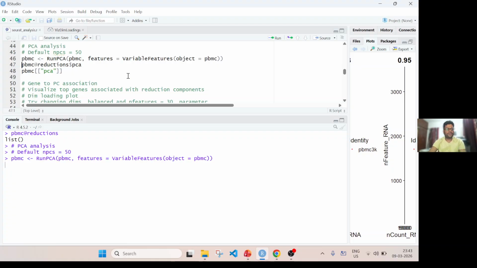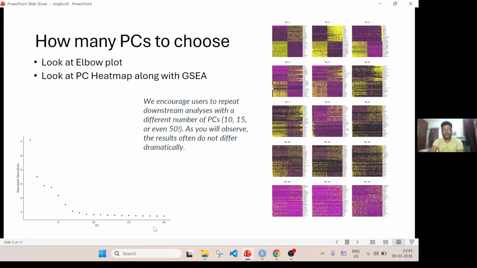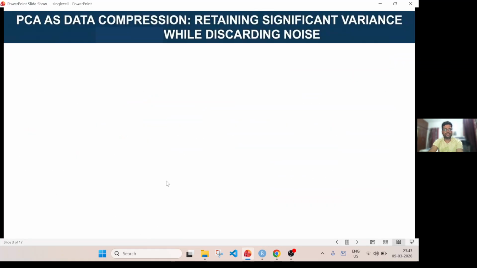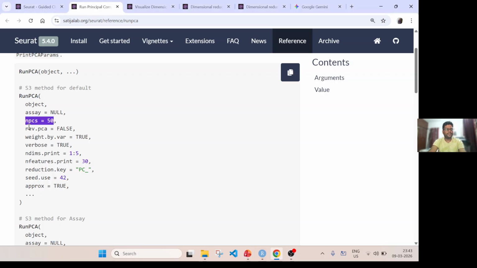It will do the PCA analysis, and it has some other parameters as well. Here you can specify how many PCs you want. By default we are saying we want 50 PCs, but we can also go higher. There is no harm in doing it, but it will take more time. 50 is more than enough.